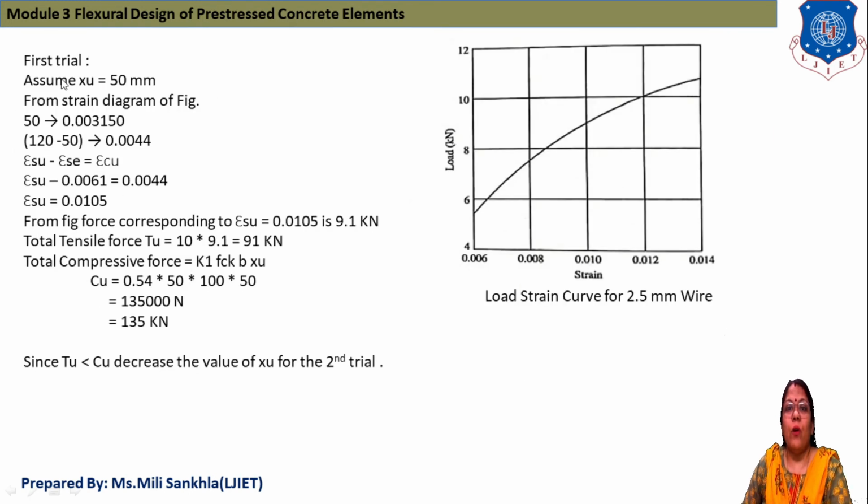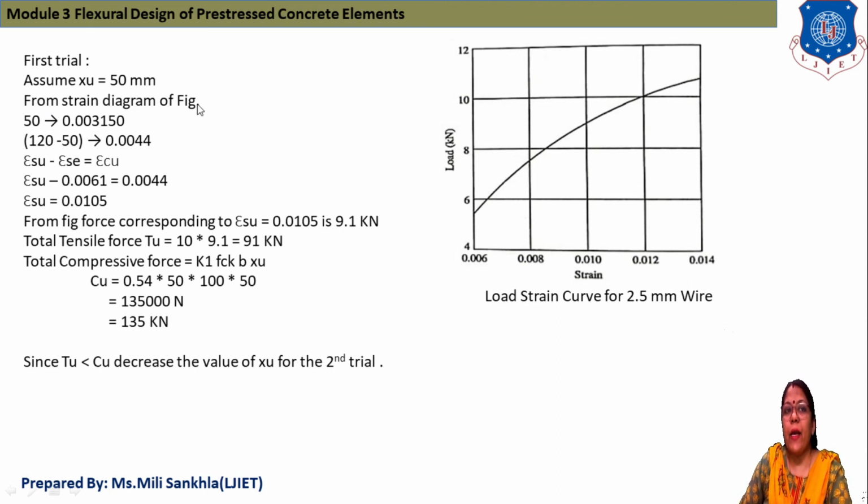Now this one is the strain versus load diagram for 2.5 mm wire. Assume XU is equal to 50 mm.